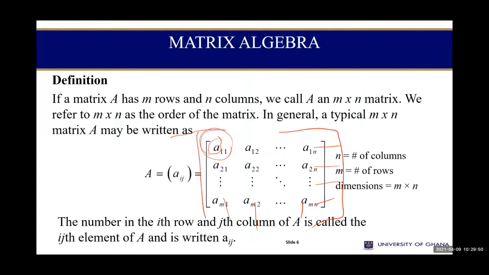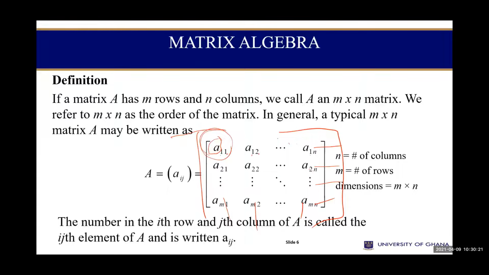So I can say that A can be found in A11, row 1, column 1. Again, the next A can be found in row 1, column 2, all the way to the last A, which is in row 1, column n. Means that for all the elements here, we should be able to detect their rows and their columns.